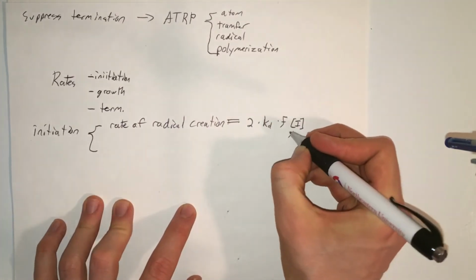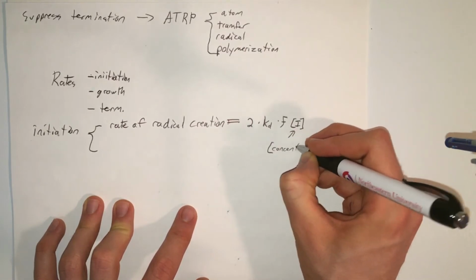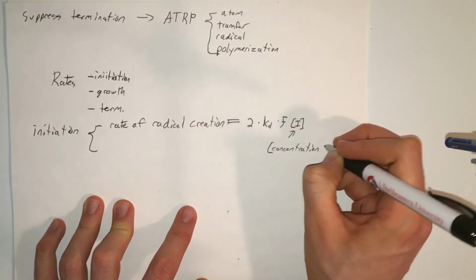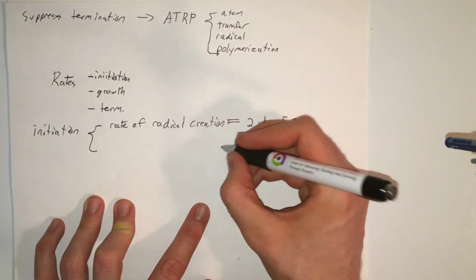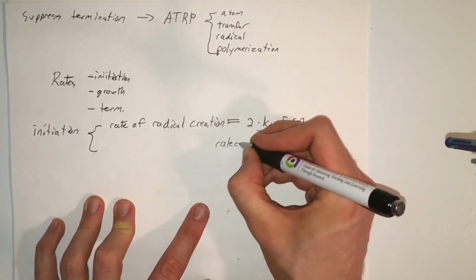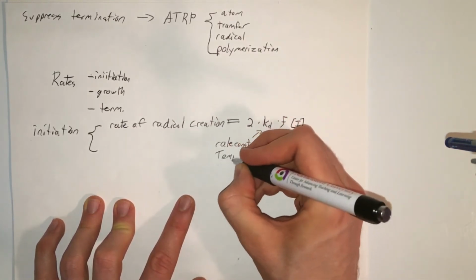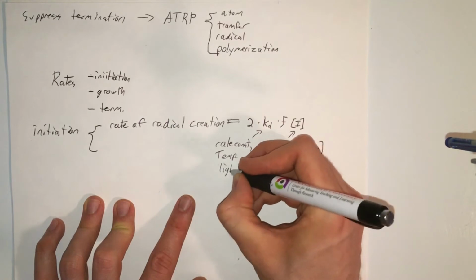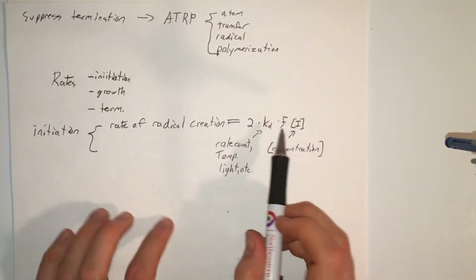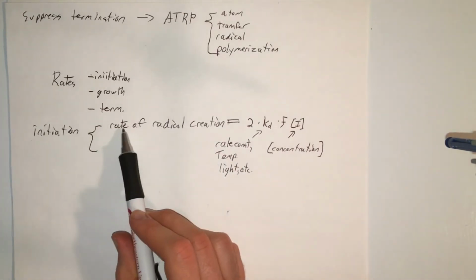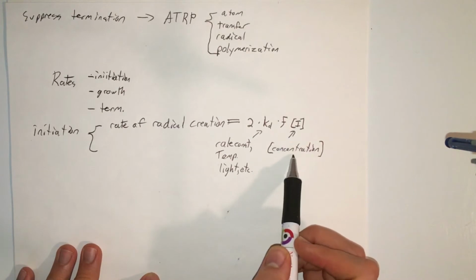So what do I mean by these brackets? By brackets, I mean concentration of this thing. And here, this is a rate constant, and that depends on temperature, light, etc. So we can play around with our rate at which radicals are created by increasing our concentration of initiators.